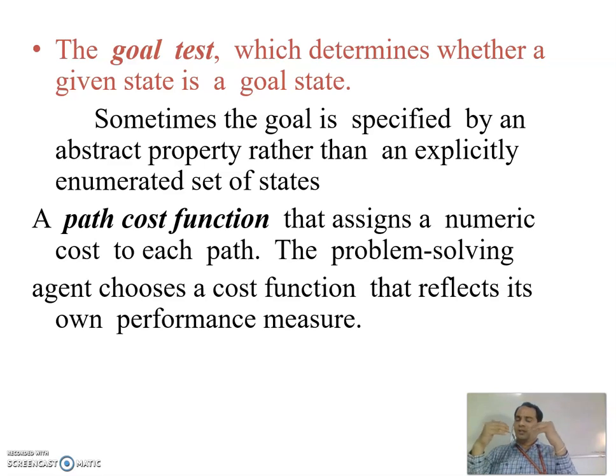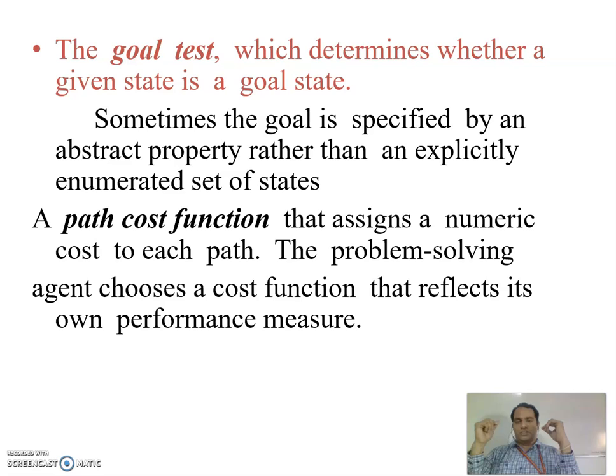Chess is also a game. I have got a goal state, but in the case of chess, it is an abstract property. I simply say checkmate. A checkmate may be of many types. The point is cornering the king of the opponent without any possibility of moving it further. That situation is an abstract property. So sometimes the goal can be specified in both ways.